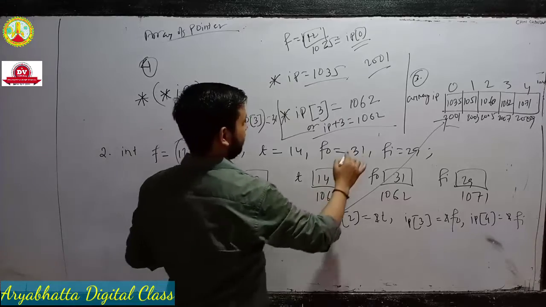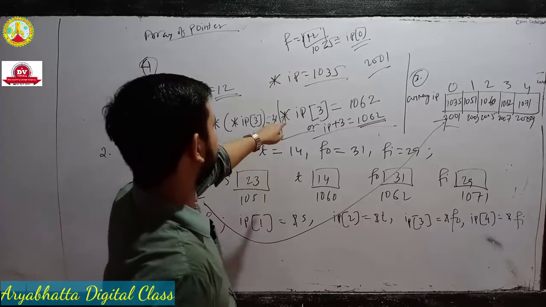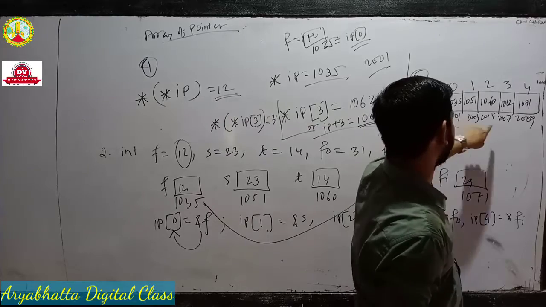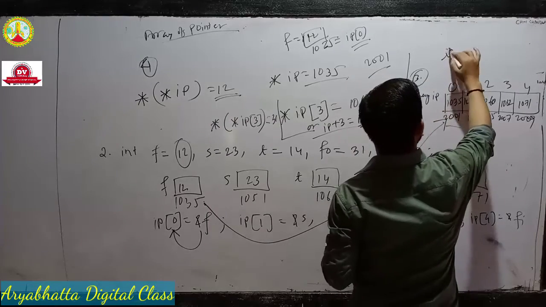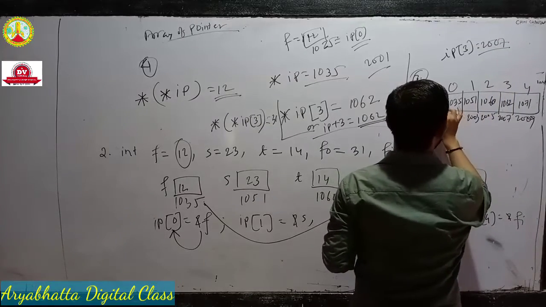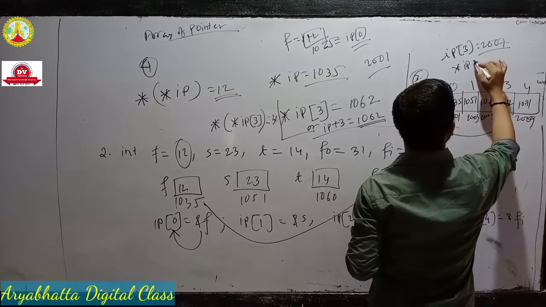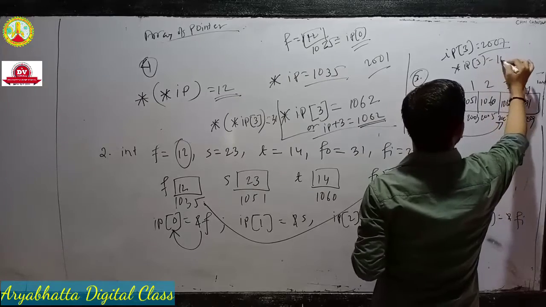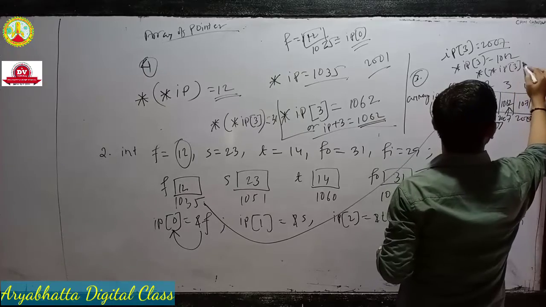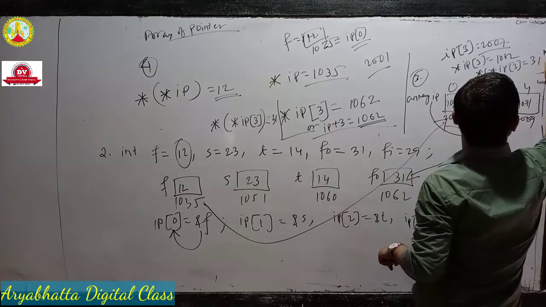Because this IP3 has memory address 2007. IP3's memory address is 2007, and star IP3 is 1062, and star of star IP3 goes to this, 31. Okay.